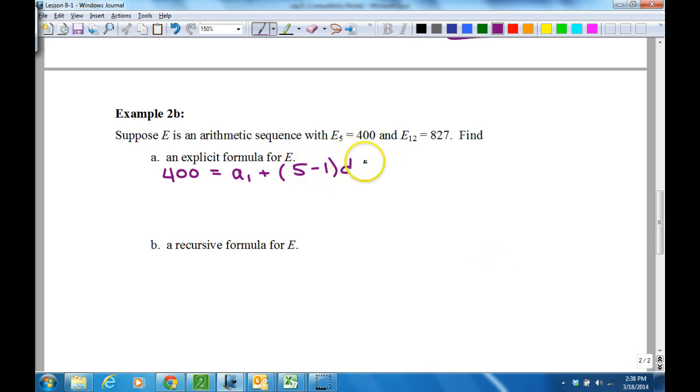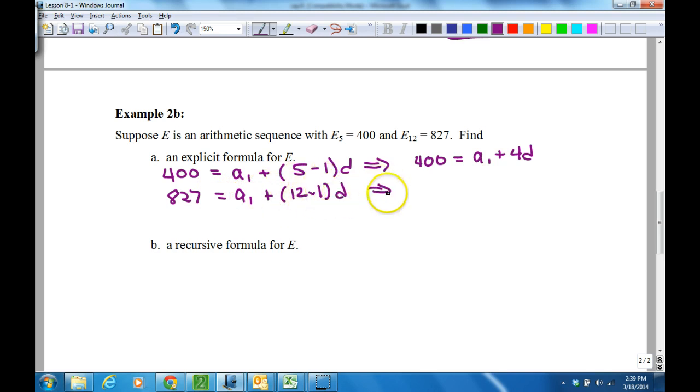If I were to write this again to make it clearer, it would be 400 equals a sub 1 plus 4d, right? For the second one, for a sub 12, I have 827 equals a sub 1 plus 12 minus 1 times d. So that becomes 827 equals a sub 1 plus 11d.